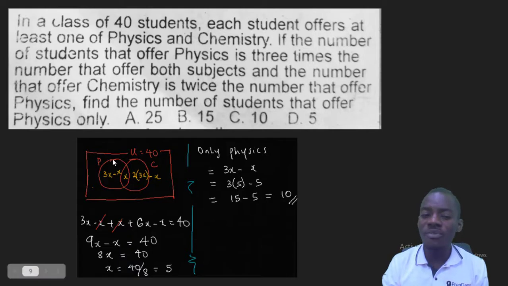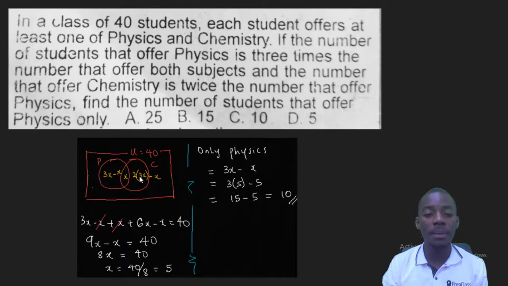But for the real number, you have to remove the middle to find what will be only physics. Only physics is not just 3x. Only physics is 3x minus x, because part of the physics is x. So to get purely only physics is 3x minus x. Then the number that offer chemistry is twice the number that offer physics.